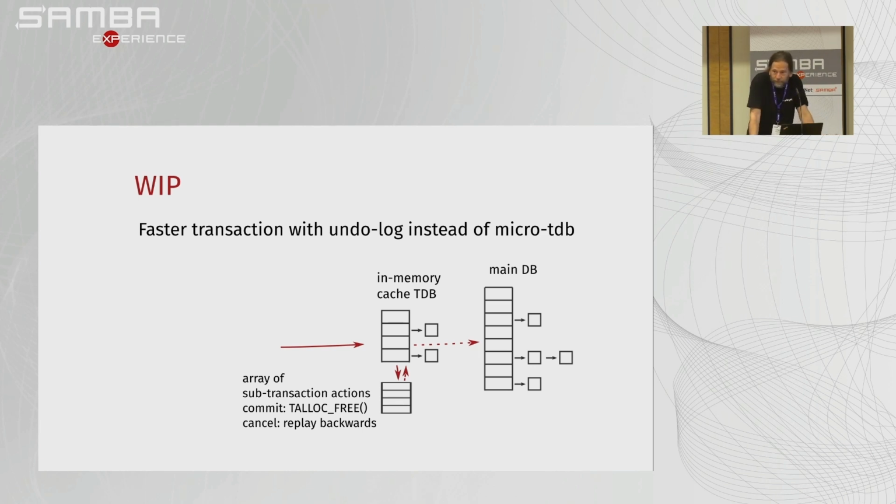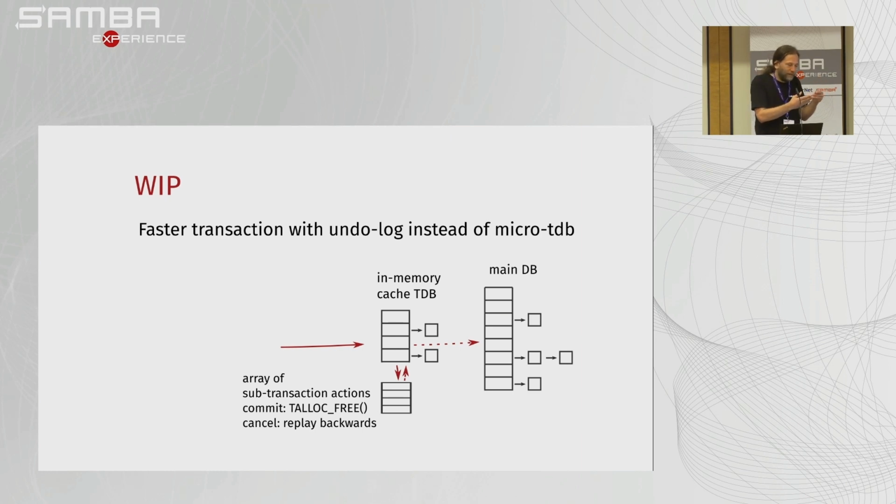So I was working on this for a month or two last year, trying to make the transactions faster by using, instead of having that miniature TDB in front of the main one, an undo log on the main transaction cache for the sub-transaction.